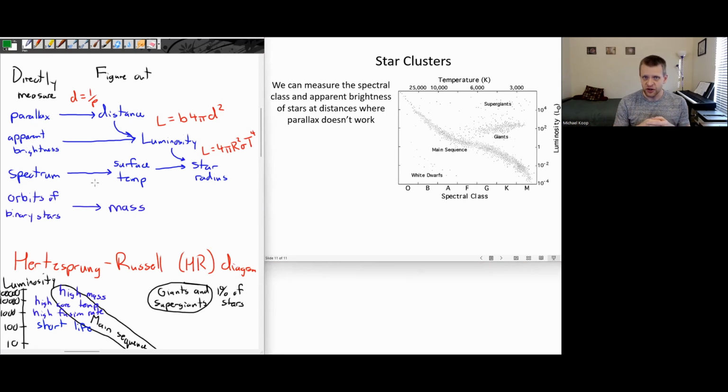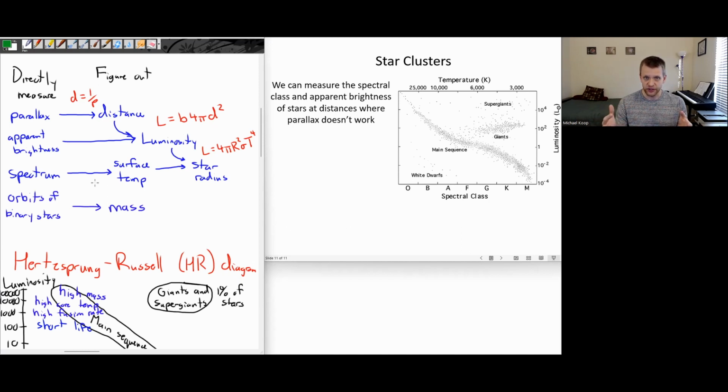The problem is, the further away the stars are, the smaller that parallax angle, and eventually those parallax angles get too small to measure. The best parallax measurements we have are from the Gaia satellite, which is still in the process of finishing off its mission and releasing its last data set.